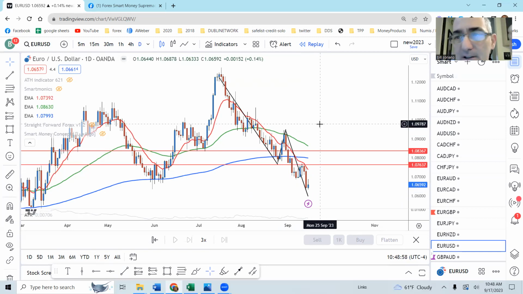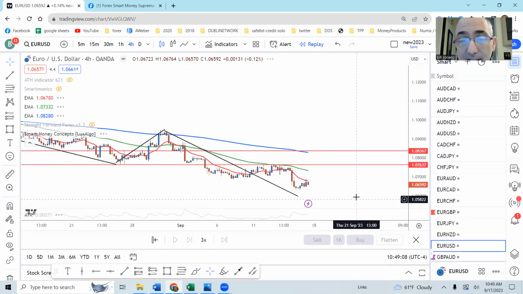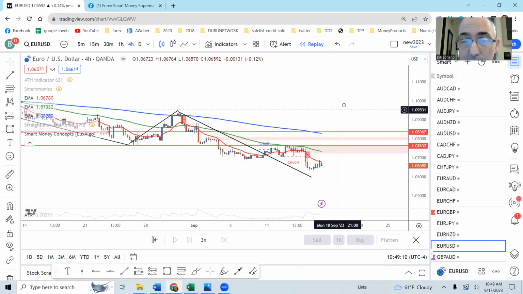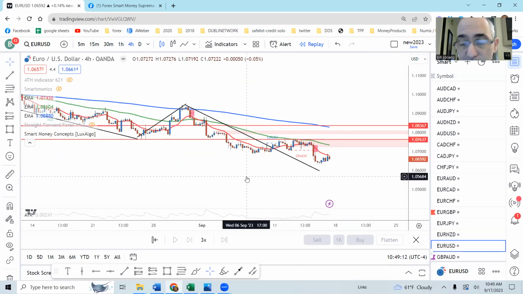So I now want to trade this down. The bias is now changed. We had that order block that we had marked up on the 4-hour. That got invalidated, right? And so now we have a change of trend in this.